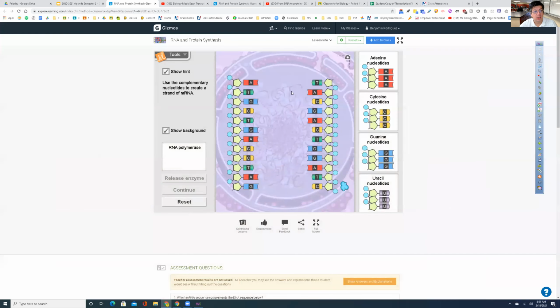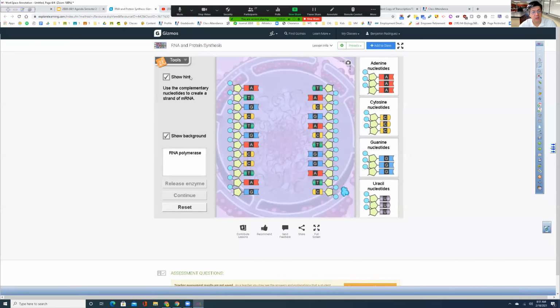So in your lab now, what you're going to do is use one side to make a copy of the other side. In other words, we're going to use this strand right here as the template.